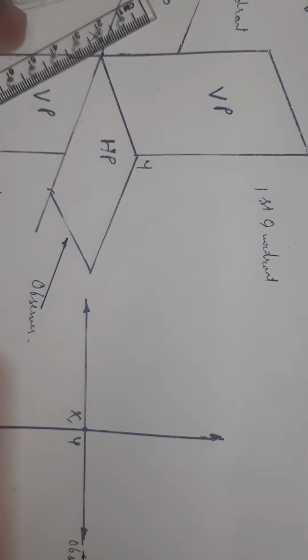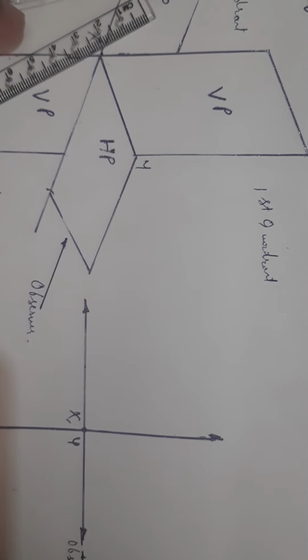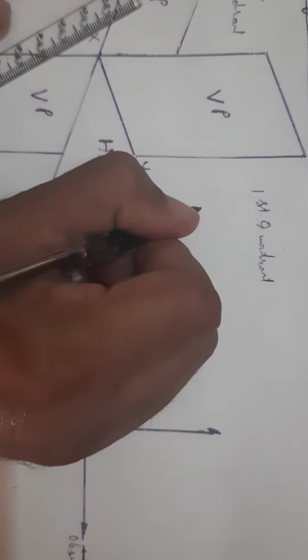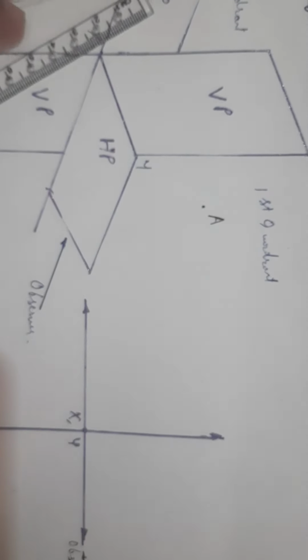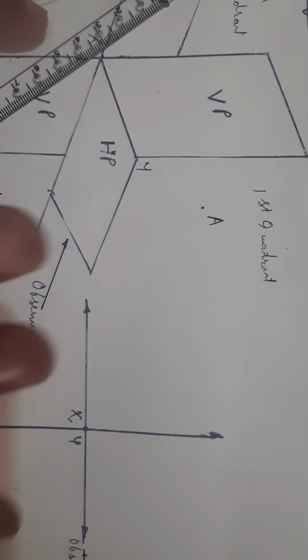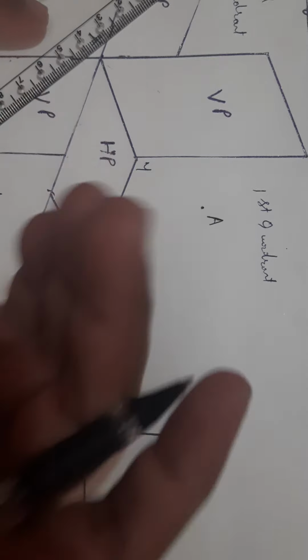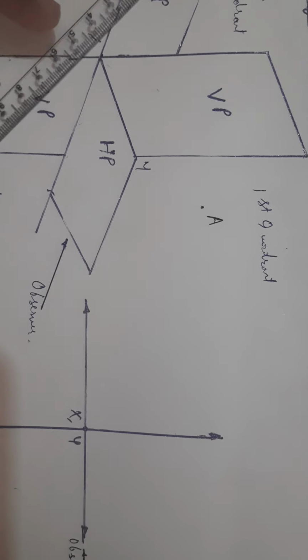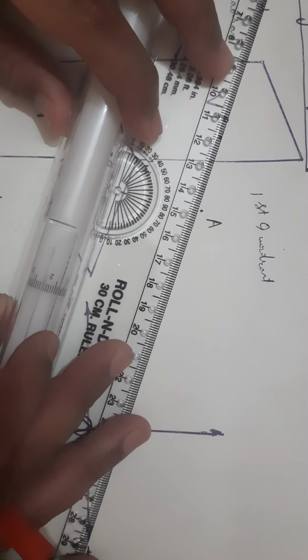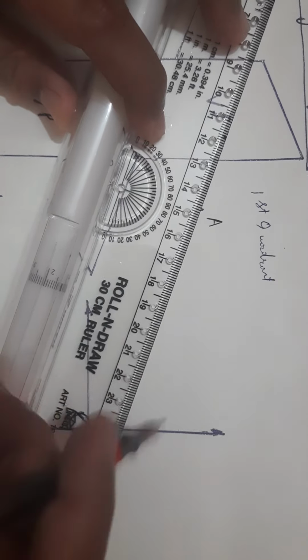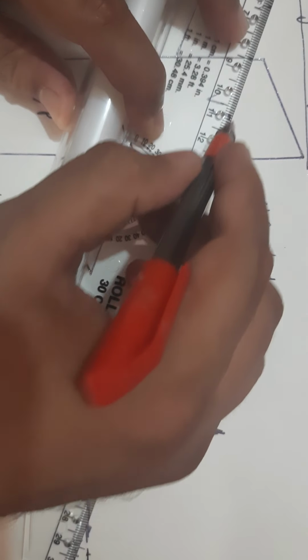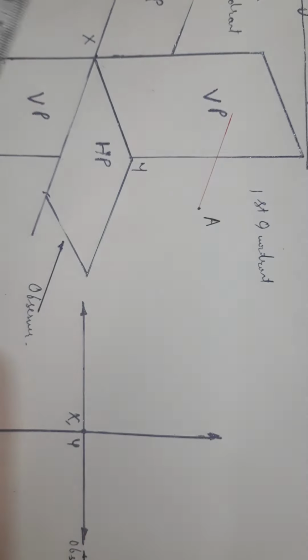So first point, let me mention it over here. Point in first quadrant, that is point A over here. If I need to see the front view and top view of it, how do I see it? For the projection of this point in front view, I will be projecting a light like this parallel to the ground.